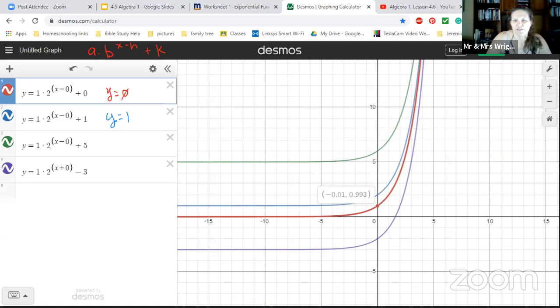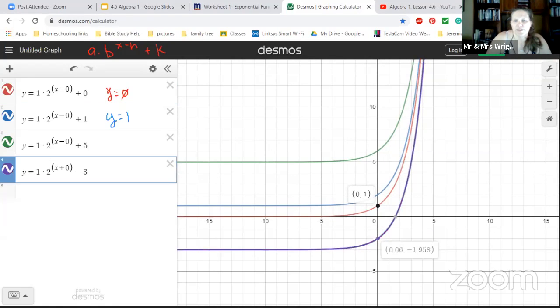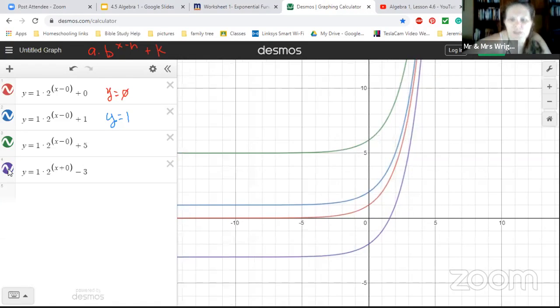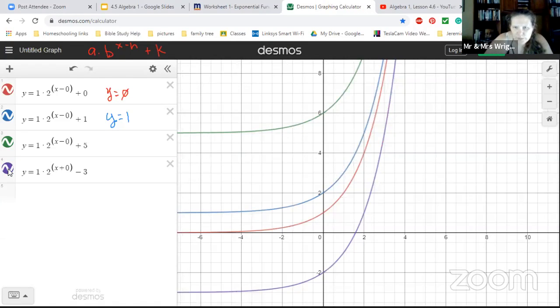If you're looking here at the point 0, 1, go down 3, and this is point 0, -2, right? Let's see if we can zoom in and see some easier numbers to work with. Here's point 1, 2, right? So that means our purple line is going to be 1 what?